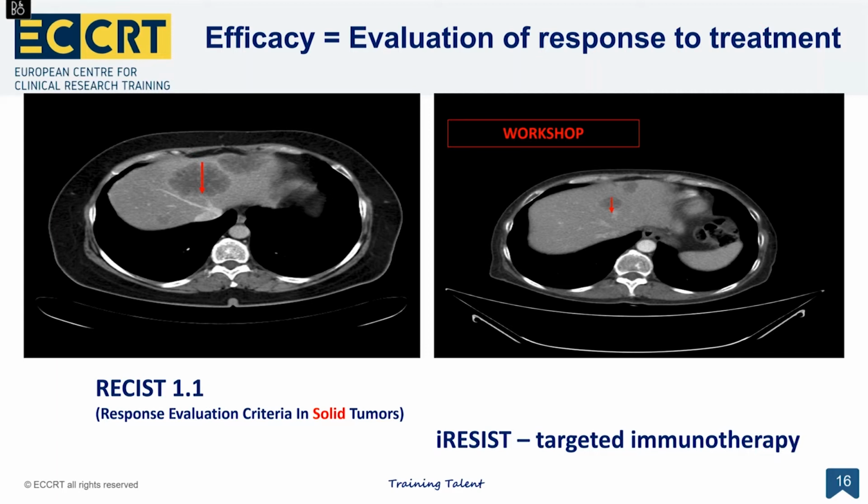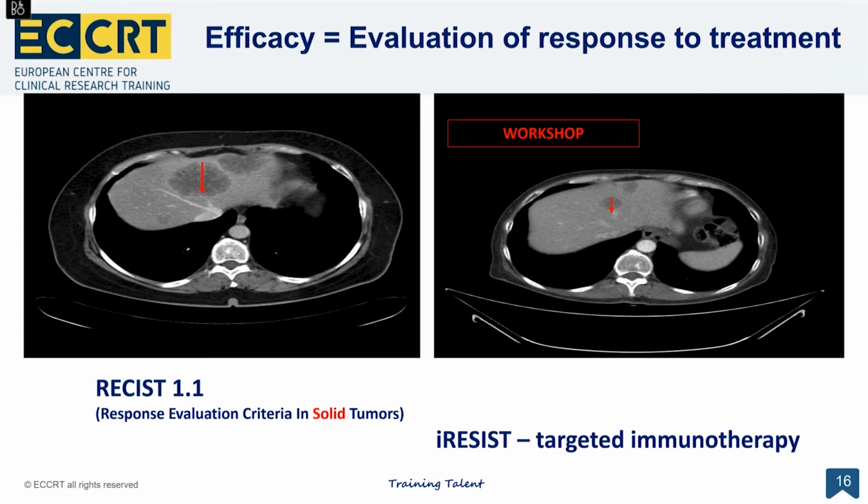You can see on the left side a CT scan of a liver where you can see the red arrow. This is measuring the tumor lesion. This can be a metastasis or a primary tumor in case of liver cancer. A physician will measure the size of this lesion, and after 8 weeks, he will try to find more or less the same picture when he's sending the patient for the next scan.